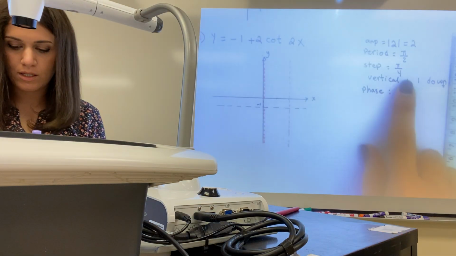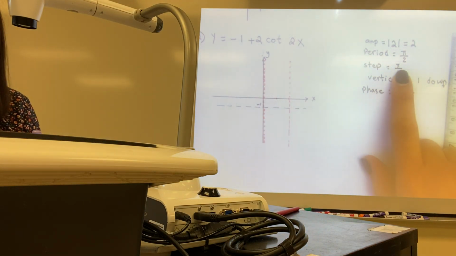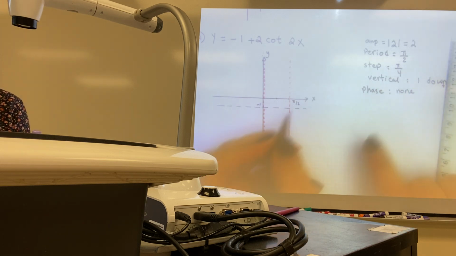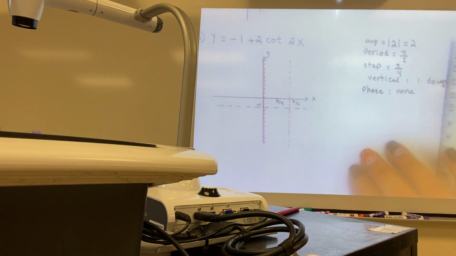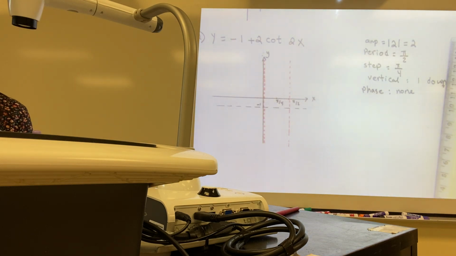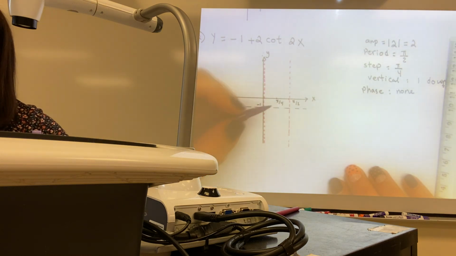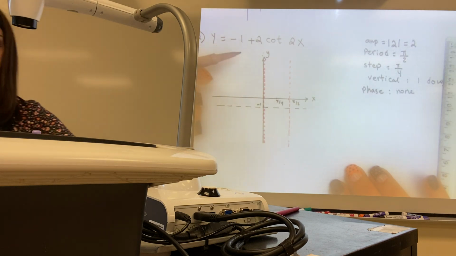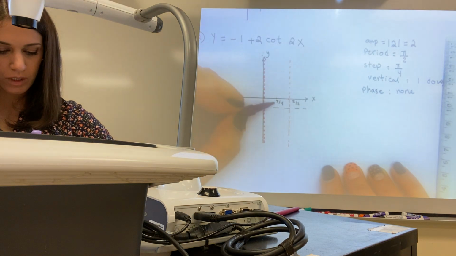And this period is pi over 2, so this is pi over 2. This is pi over 4. That's one step. Okay, that's all I need. Next, I can graph the cotangent, and since A is positive, it will look like this.